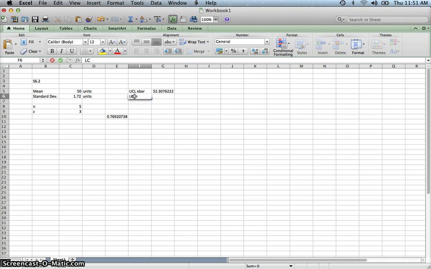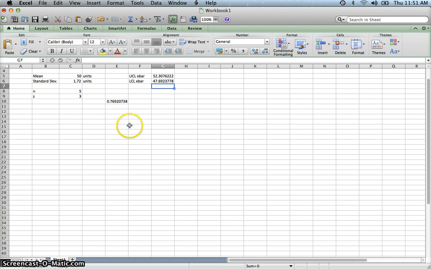Our lower control limit is just the opposite. We'll take the mean and subtract 3 z's of our modified standard deviation. And that gives us 47.69.